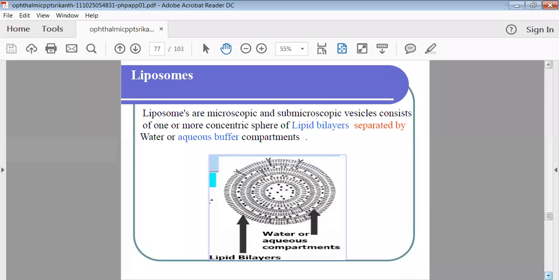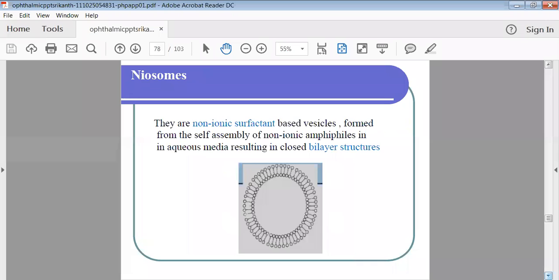They are microscopic and submicroscopic vesicles consisting of one or more concentric spheres of lipid layers, separated by water or aqueous buffer compartments. Nowadays they are also utilized for parenteral purposes. Niosome structure: non-ionic surfactant based vesicles. They are formed from the self-assembly of non-ionic amphiphiles in aqueous media, resulting in closed bilayer structures.